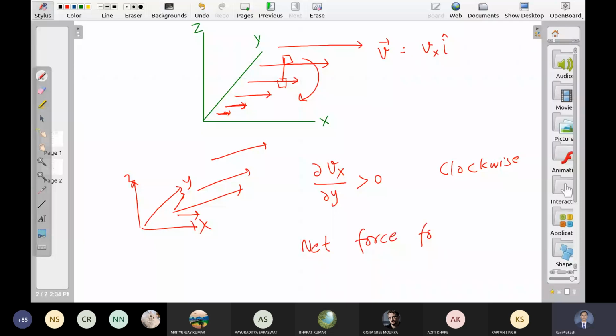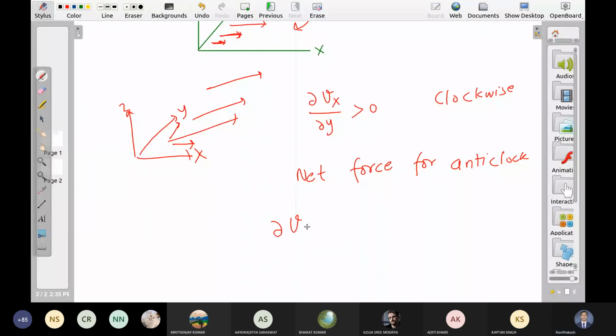So this component drives anti-clock, this component drives clock, or I can write del Vy upon del x minus del Vx upon del y as the anti-clock rotation. Agree? Right?